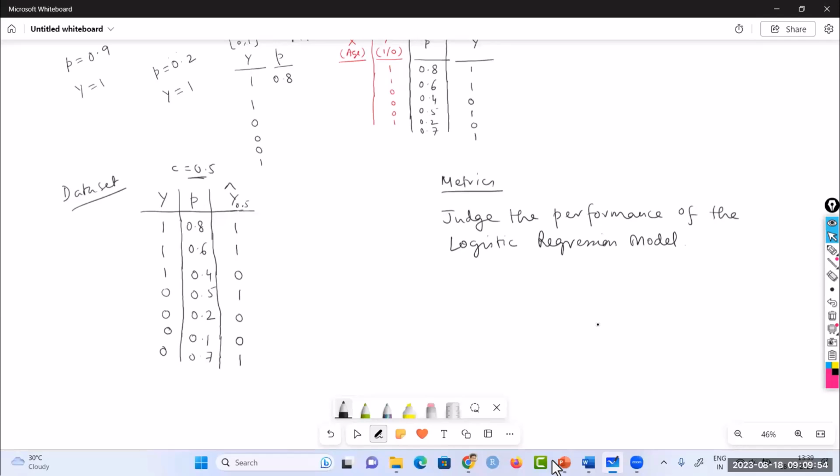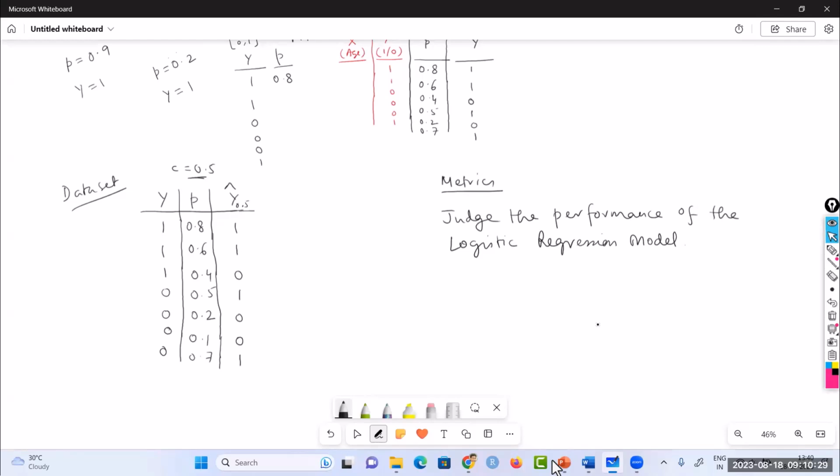If we raise or decrease this threshold value, then this y hat column will change, and this whole scenario will be different. So this is not some fixed value that we are choosing. For the time being, let's say I choose this threshold value as 0.5. I'll come back to this threshold value after some time.